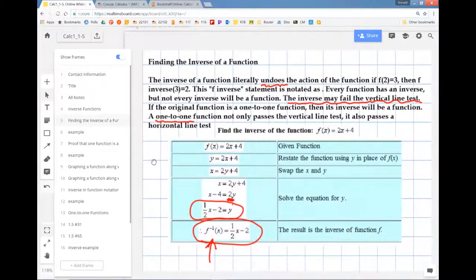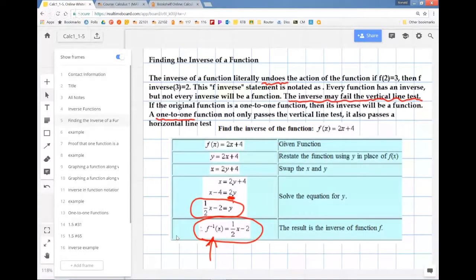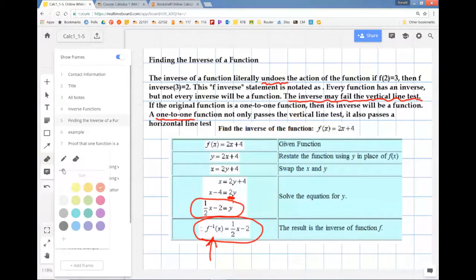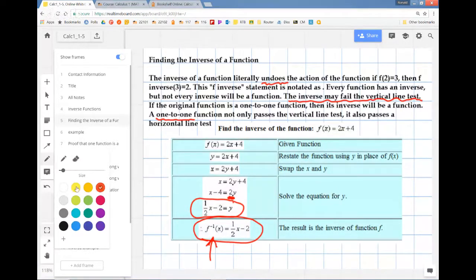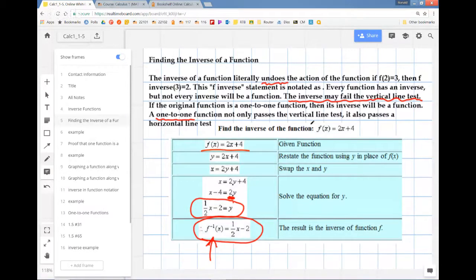From the alternate website, we're going to use some of the things there to go through this. We have a function here, 2x plus 4. An inverse of a function literally undoes the action of a function.